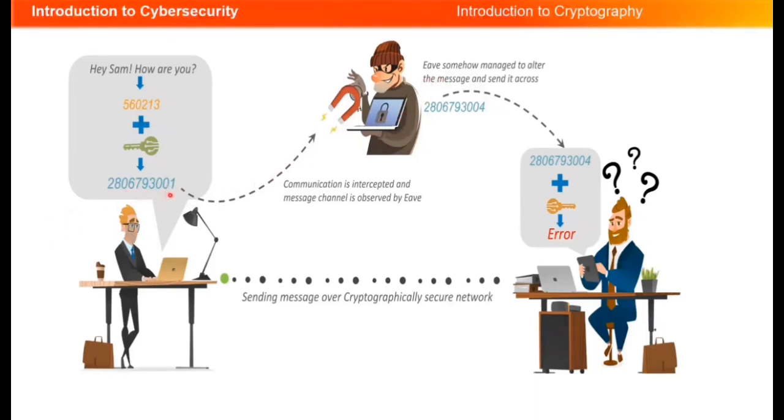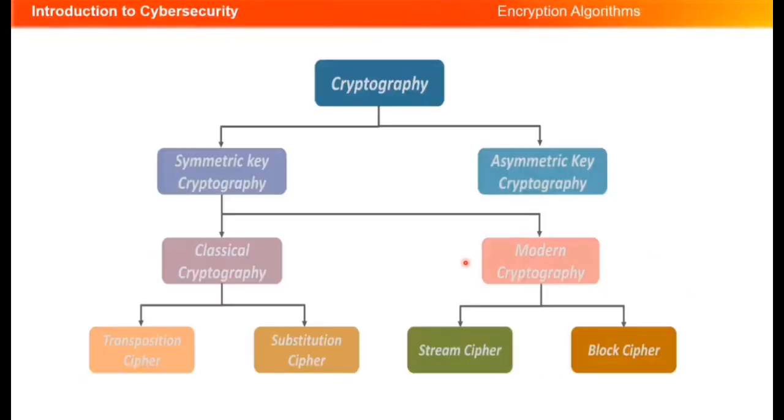However, we notice the cipher ends in 3001, and even though he's managed to alter it, the cipher is now 3004. And when Sam tries to decrypt it, he'll at least get an error. He's not going to get a fraudulent message, which is better than what we had before.